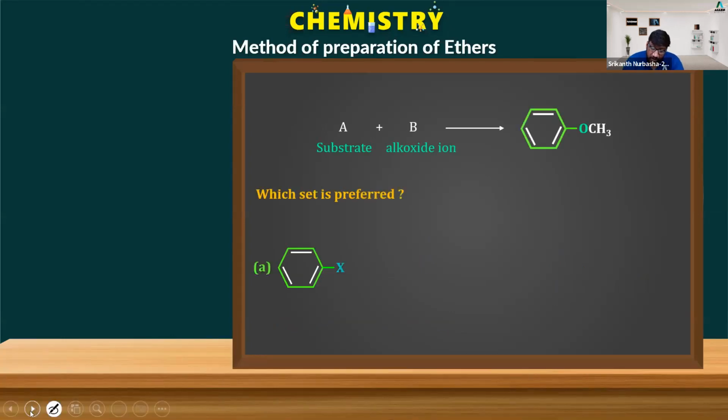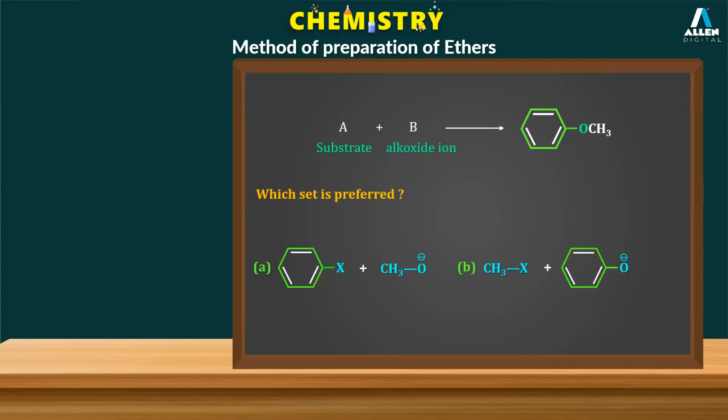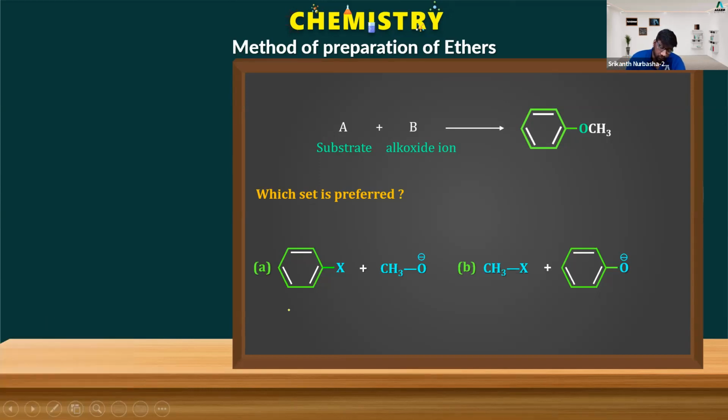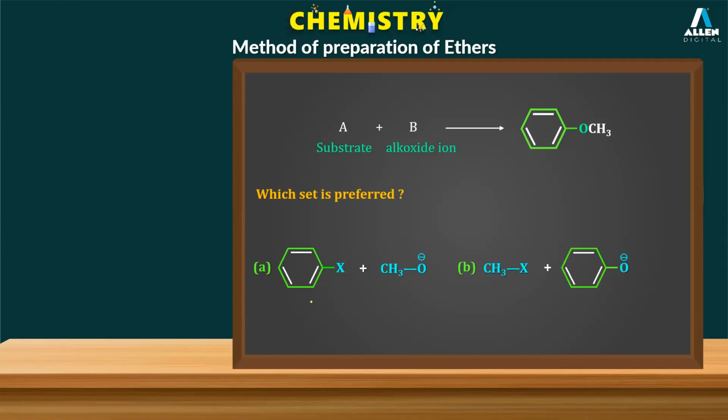Substrate plus alkoxide we have been given. Which is the correct set? A or B? B. Why not A? Partial double bond character. Very good.